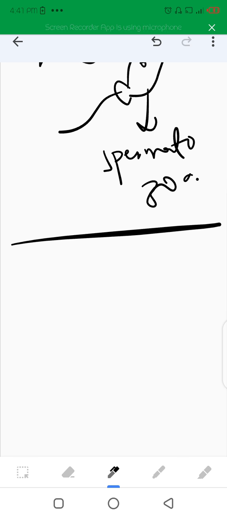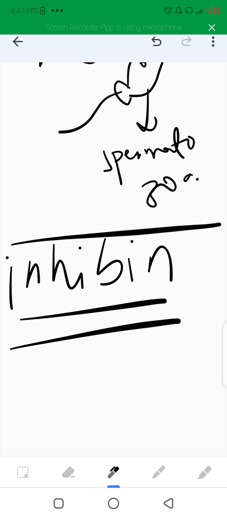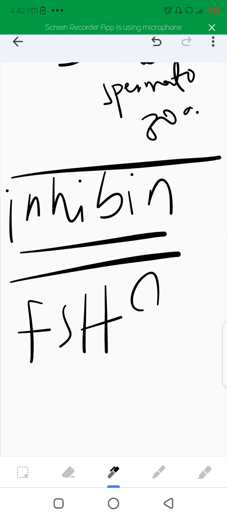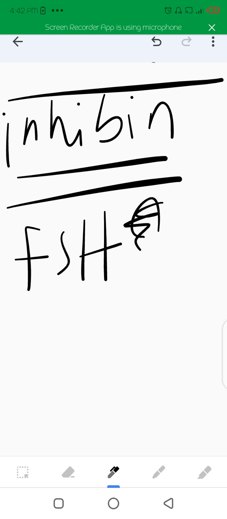So what is the function of inhibin? Like the name suggests, inhibin is inhibiting something. What is it inhibiting? Due to negative feedback, inhibin affects the hypothalamus and the pituitary gland area and inhibits the production of FSH, which in turn controls or regulates sperm production.